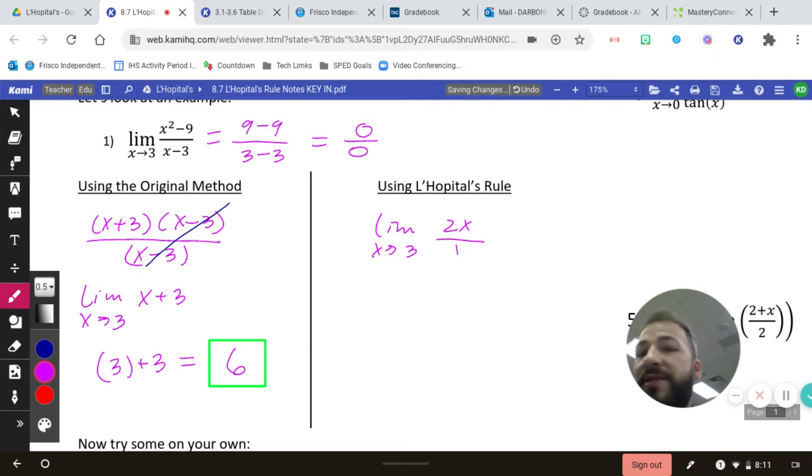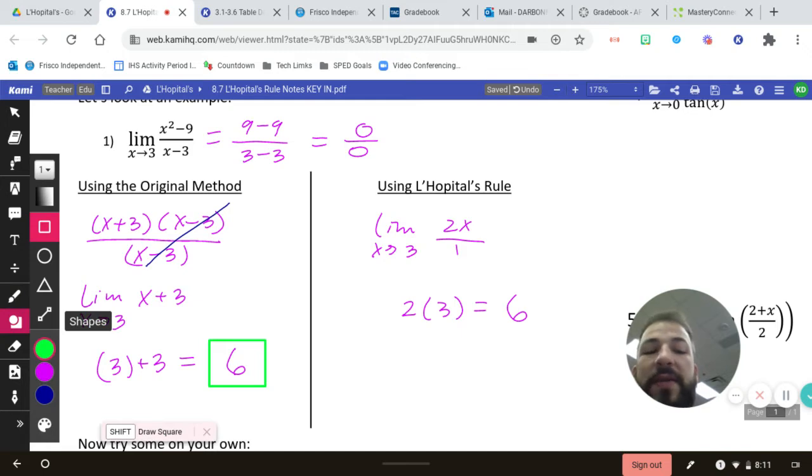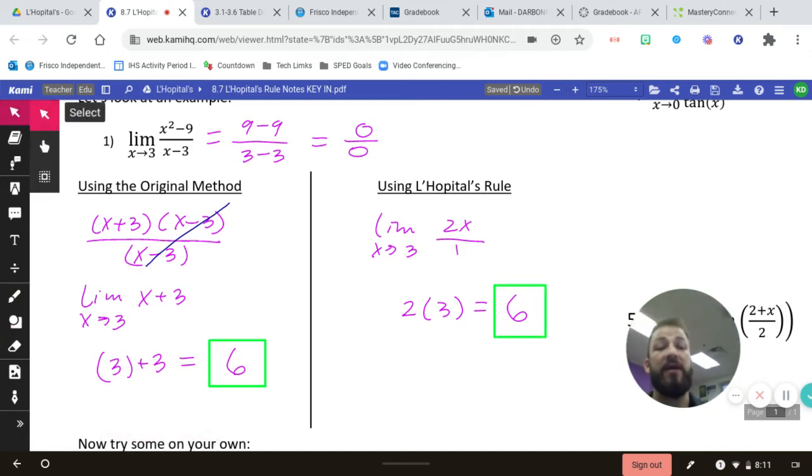So that's just 2x. Then I would evaluate it by plugging in 3, so 2 times 3, which would give us 6. So same answer. Slightly different function that we reduced down to, but the exact same answer, which shows us that the original method and L'Hopital's are both effective.